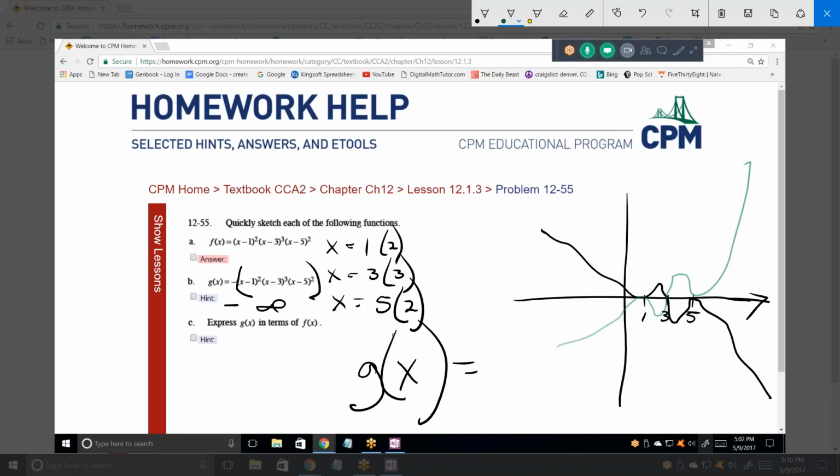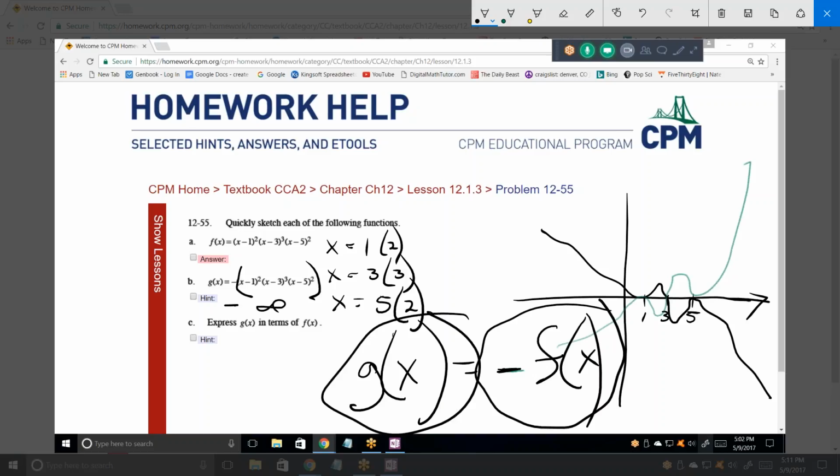So what does that make g of x in terms of f of x? How do you reflect something over the x-axis? Like the negative. Yeah. So g of x is equal to negative f of x. In other words, I don't care which is which. One of them is the reflection of the other one over the x-axis. And that's what's important to see here.